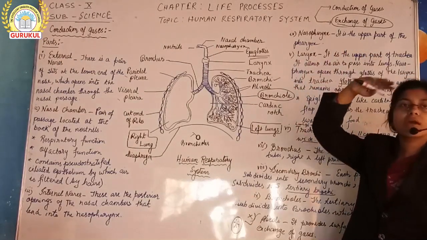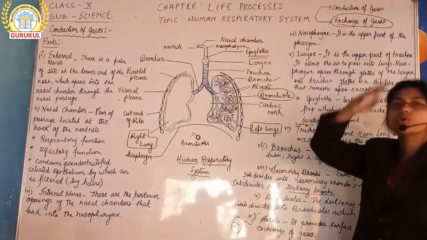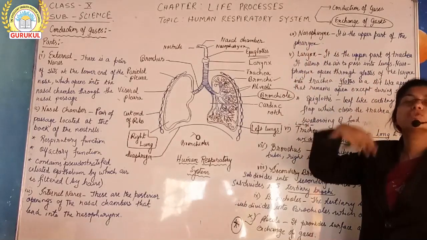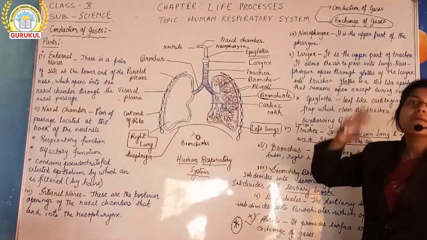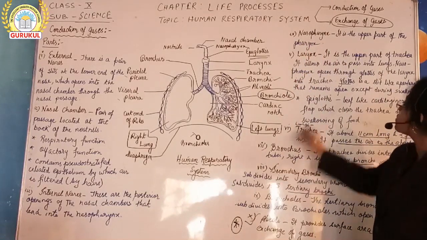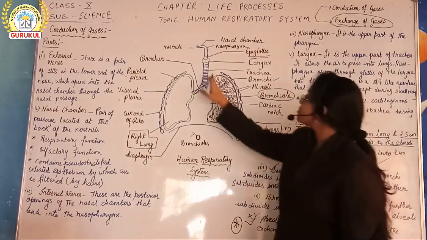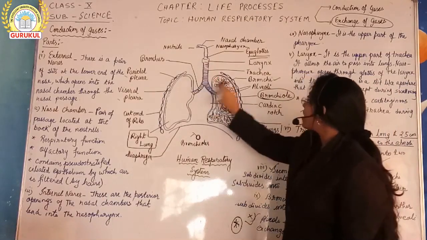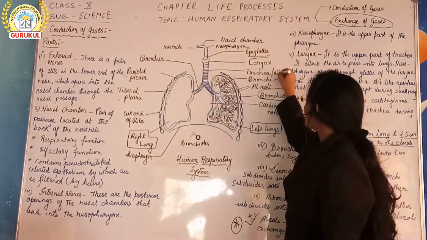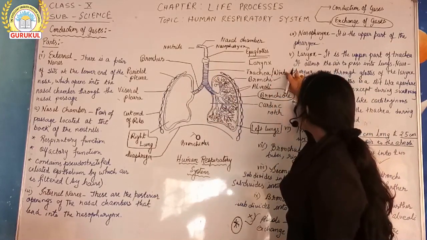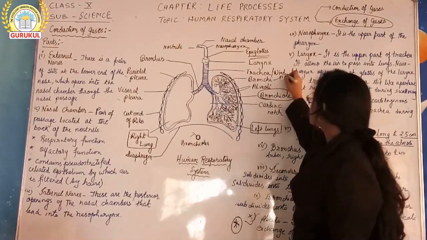The larynx has an opening called the glottis. It remains open all the time, except when we swallow our food, when it is closed by a flap-like structure known as the epiglottis. Now after this, what is there? This is the trachea. The trachea is also known as the windpipe. You have already heard of this term in your junior classes.